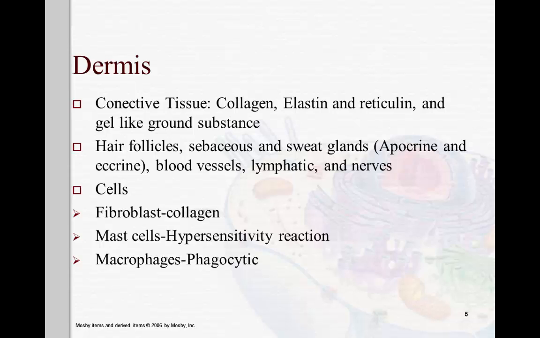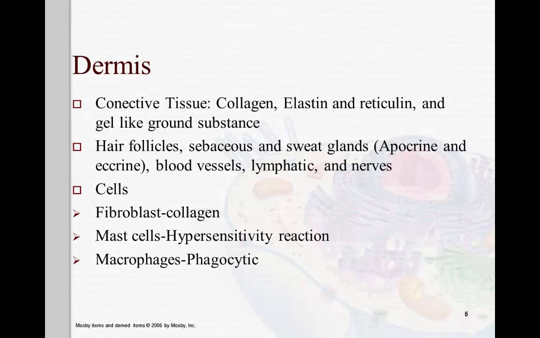The dermis is typically subdivided into two zones, the papillary dermis and the reticular layer. The dermis contains fibroblasts, which are responsible for secreting collagen, also elastin, as I said before, and ground substances that give the support and elasticity of the skin.